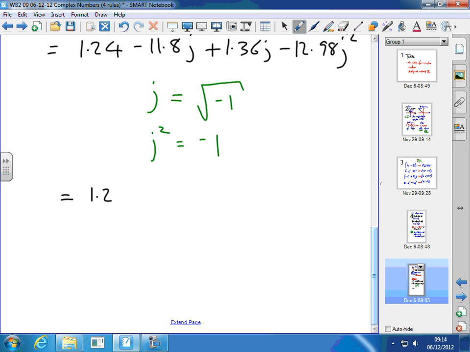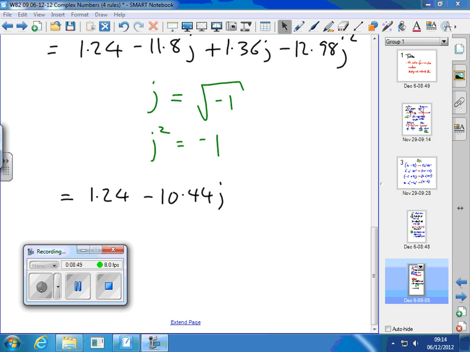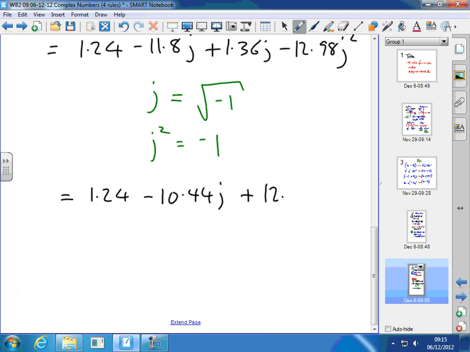1.24, and we can collect together these imaginary numbers now. Minus 11.8j plus 1.36j is minus 10.44j. Minus 12.98j squared becomes plus 12.98, because j squared is minus 1.